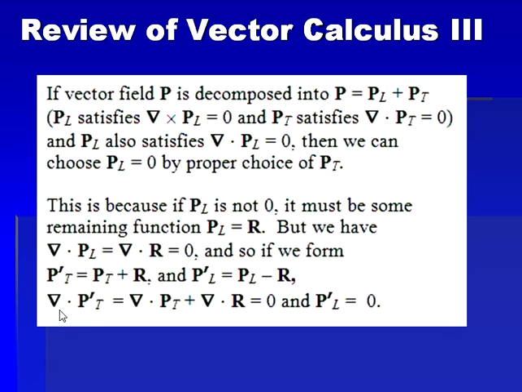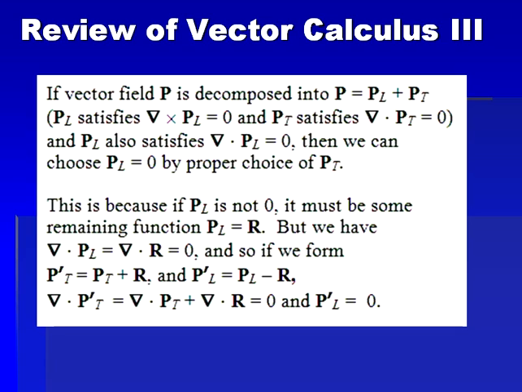This will still leave us with the gradient operator applied to the new transverse component of 0, since each term is 0, but it will also leave us with the fact that the longitudinal component is now 0. Therefore, we can choose our components such that p sub l is equal to 0 if we have the condition that the gradient of p sub l is 0.